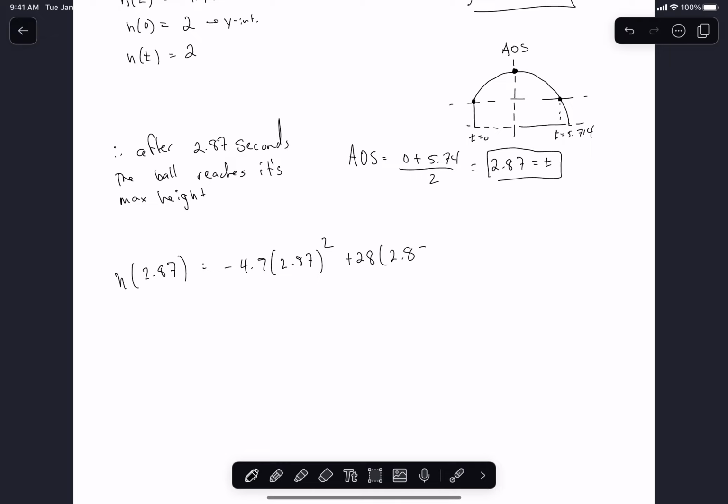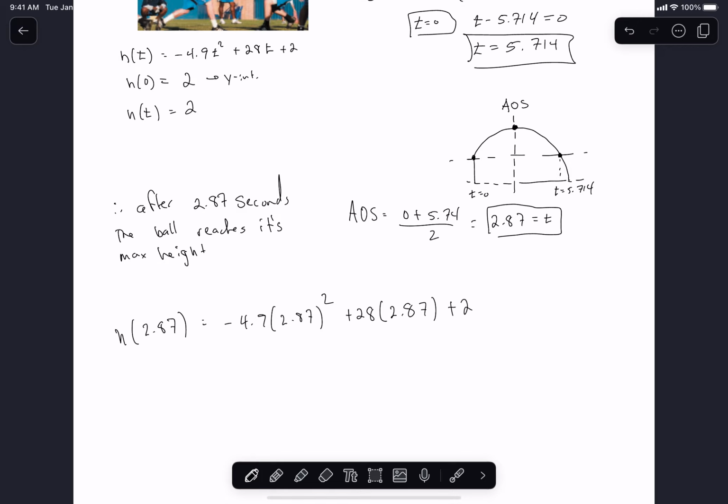You can see this is maybe not the best question to do without a calculator, right? But if you had a scientific calculator, you'd be able to throw this all in one step and call it a day. It'd be pretty easy. So 2.87 squared is going to be 8.24.